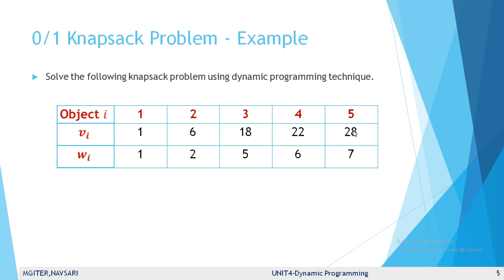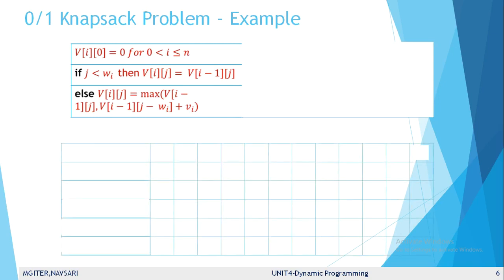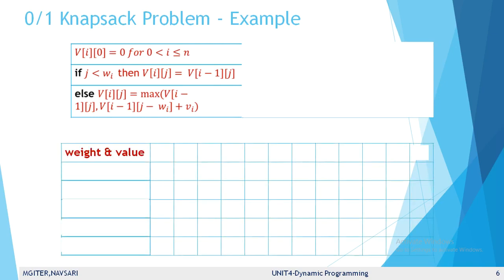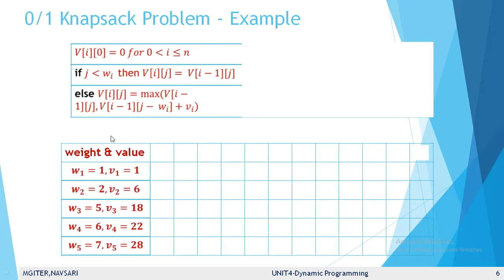Now we solve it using the dynamic approach. First of all, we design the table. In the rows, we represent the weight and value. Here we include the 5 objects with weights of 1, 2, 5, 6 and 7 and the values 1, 6, 18, 22 and 28 respectively.